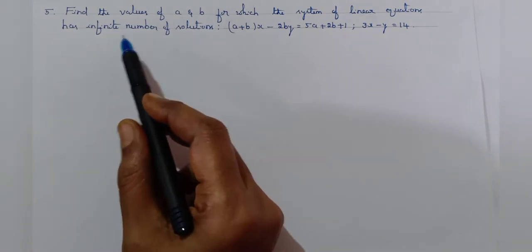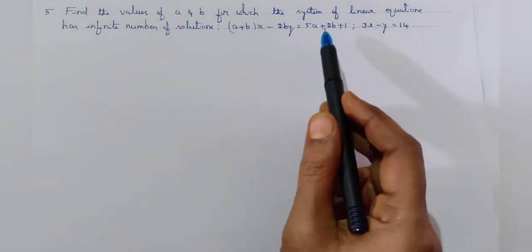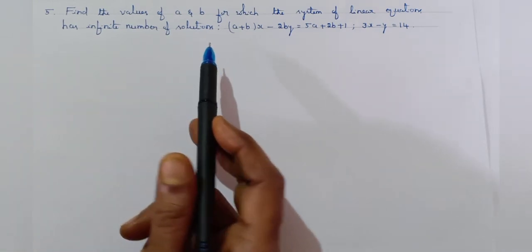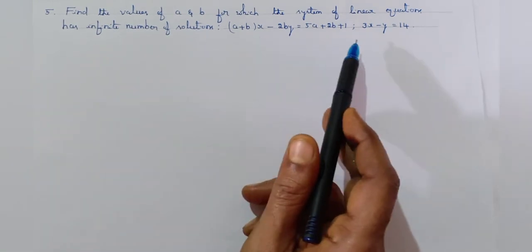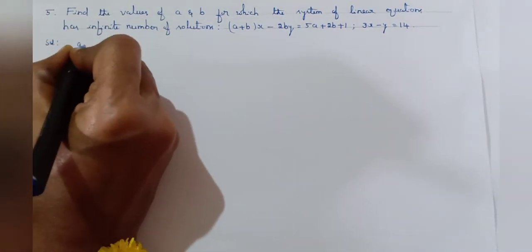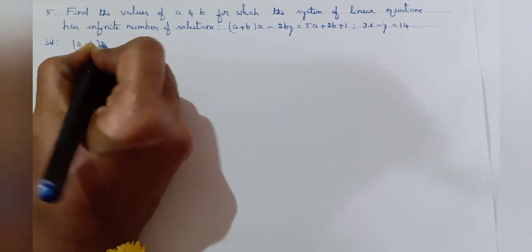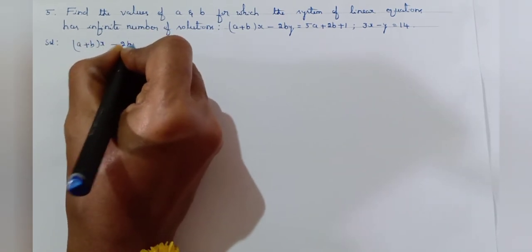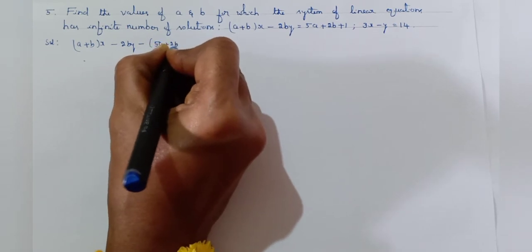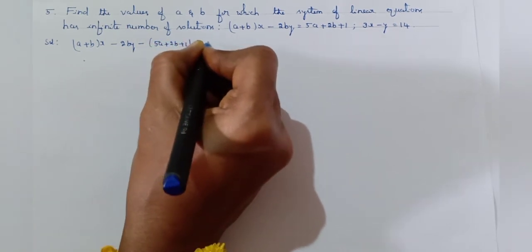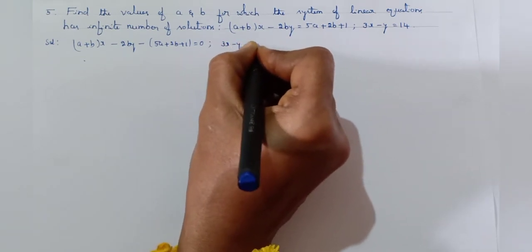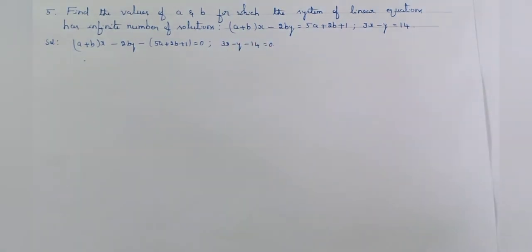Next question. Find the values of a and b for which the system of linear equations has infinite number of solutions. So, express the given equations in the standard form. a plus b into x minus 2by minus of 5a plus 2b plus 1 is equal to 0 and 3x minus y minus 14 is equal to 0.